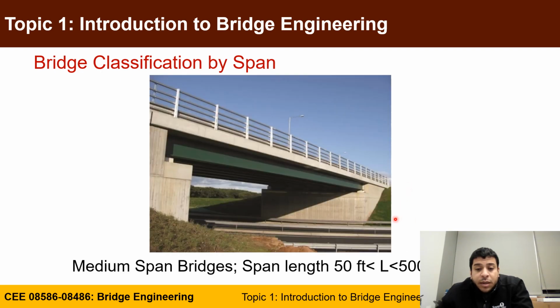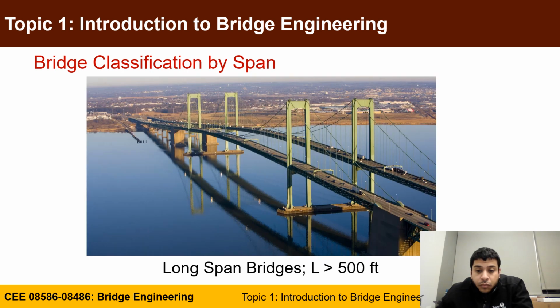There are also mid-span bridges, when you have a span between 50 feet and 500 feet. And you have long span bridges, and this is the Delaware Memorial Bridge, as you can see, a famous suspension structure, where the span is more than 500 feet.